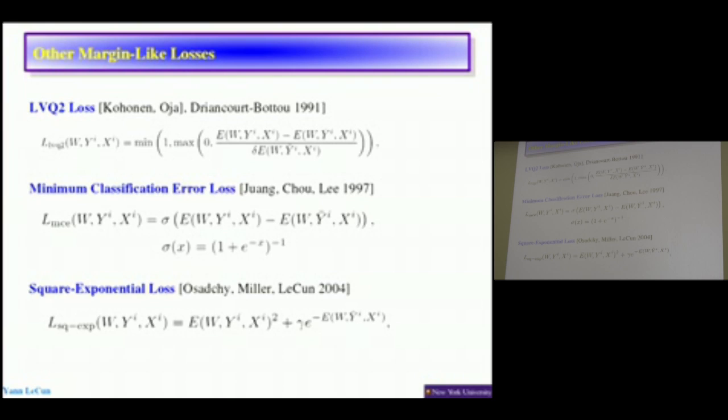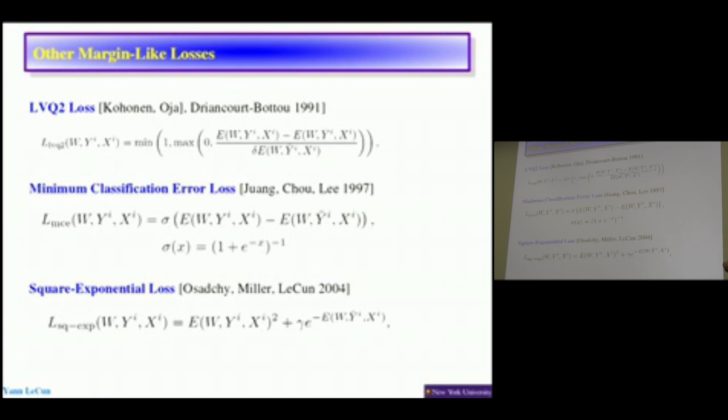This one is slightly more important. This one plugs the difference in a sigmoid function. It says, I want this to be lower than that, but I don't care how much lower it is as long as it is lower. The sigma here is a sigmoid function. So if this is much, much larger than this, you pay a nominal price, namely 1, because the sigmoid function is equal to 1 when the argument x goes to infinity.